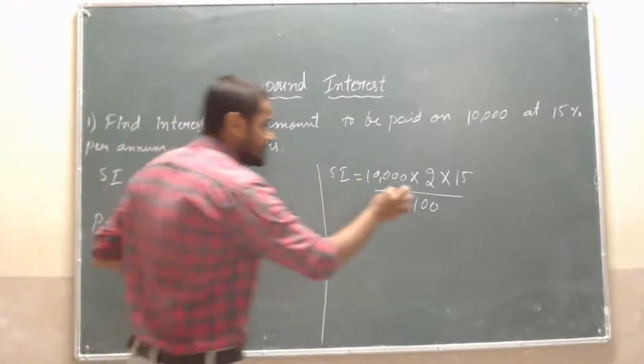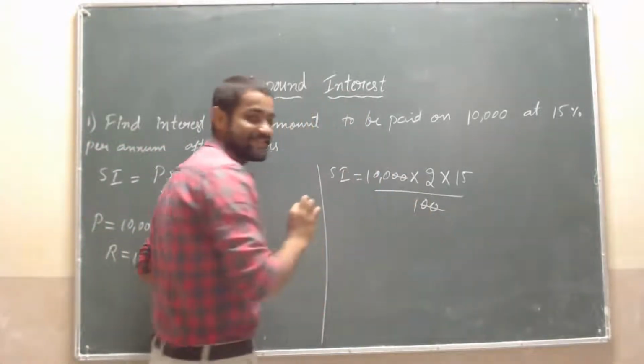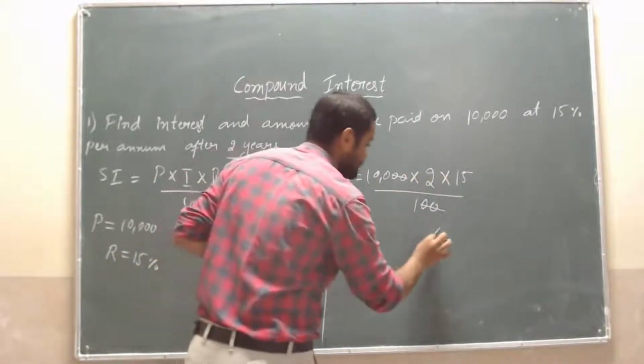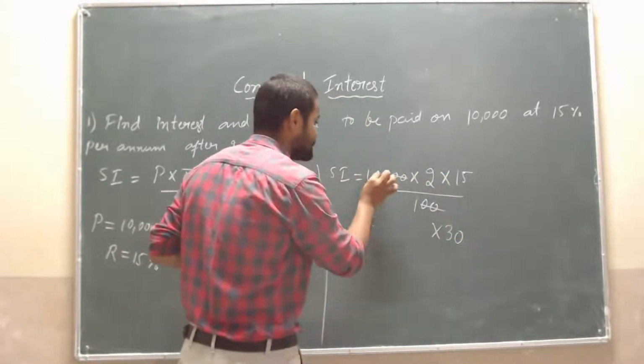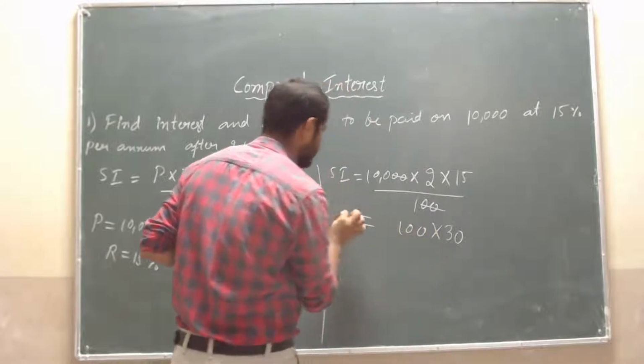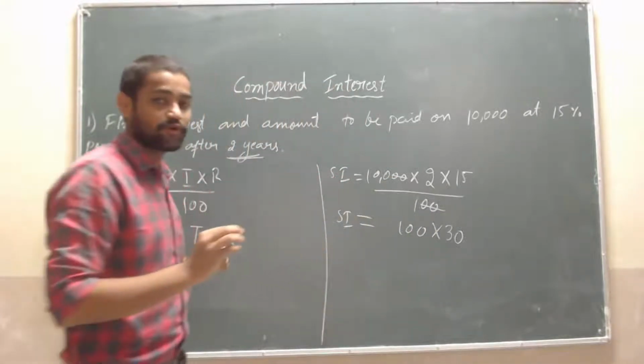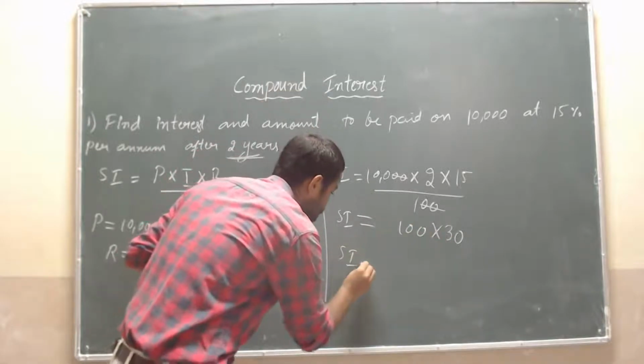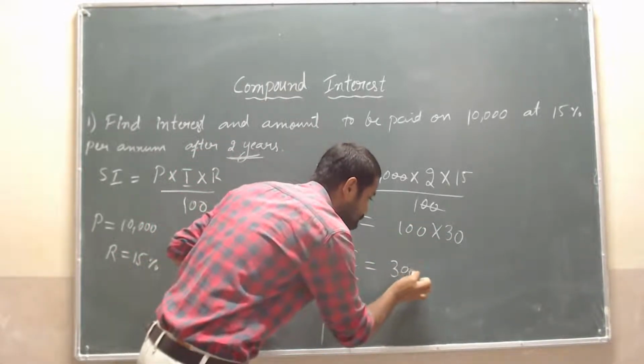Then these two zeros are cancelled and these two zeros are cancelled. 15 twos are 30, and this is 100. Simple interest is equal to how much? 100 into 30, 3,000.